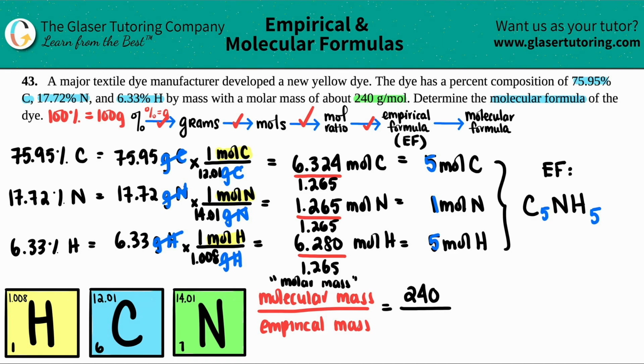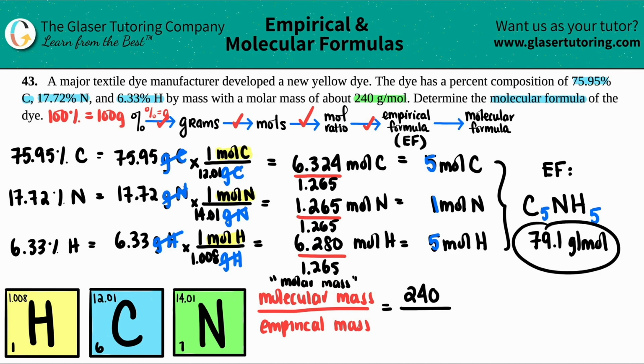So let's see if your answer matches mine. 5 times 12.01, that's for the carbon, plus 1 nitrogen, so 14.01. And then I have 5 hydrogens, so 5 times 1.008. Then you add them all up. I'm going to say my mass here is 79.1 grams per mole.